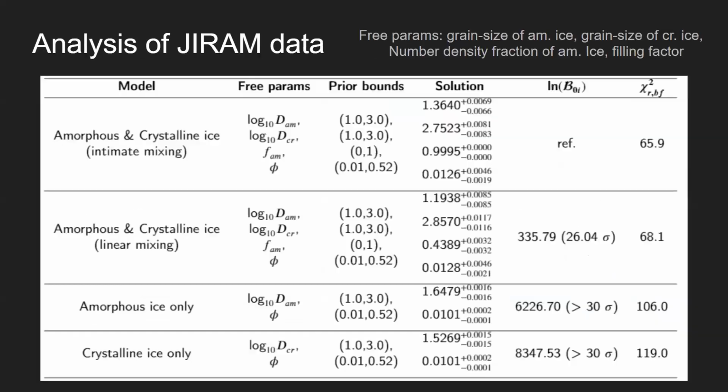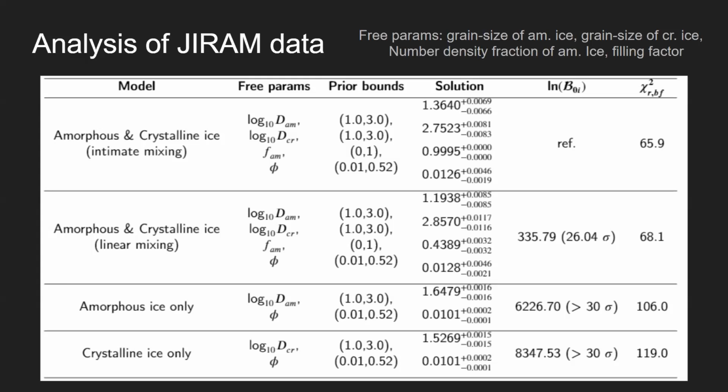How did you get the 0.52 upper limit on your filling factor? That is a very good question. I did not have time to get into the exact range of these priors, but for filling factor, the 0.52 comes from the book from where I got this model. From what I understand, if you increase the filling factor beyond this, making your material tighter and tighter, it will be difficult to ignore the diffraction effects.